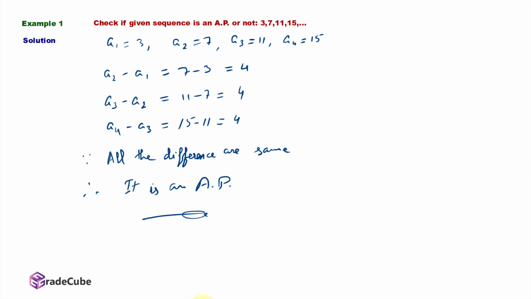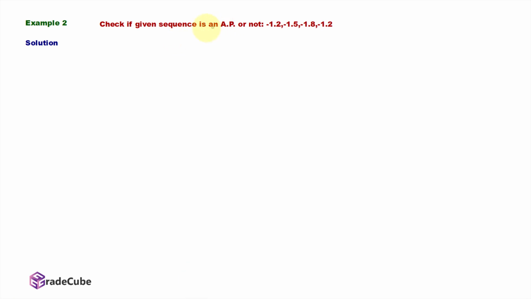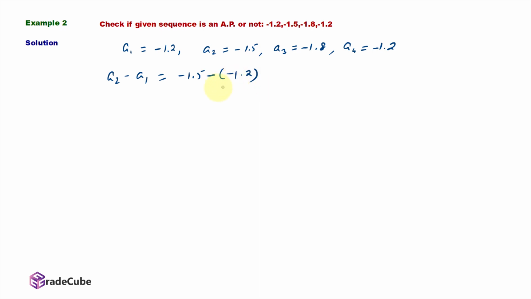Let's have a look at another example. Example is same. We have to check whether it is an AP or not. Here A1 is minus 1.2, A2 is minus 1.5, A3 is minus 1.8, A4 is minus 1.2. A2 minus A1 will be minus 1.5 minus this term, means we will have to keep it in brackets so that these two minus signs remain separate.